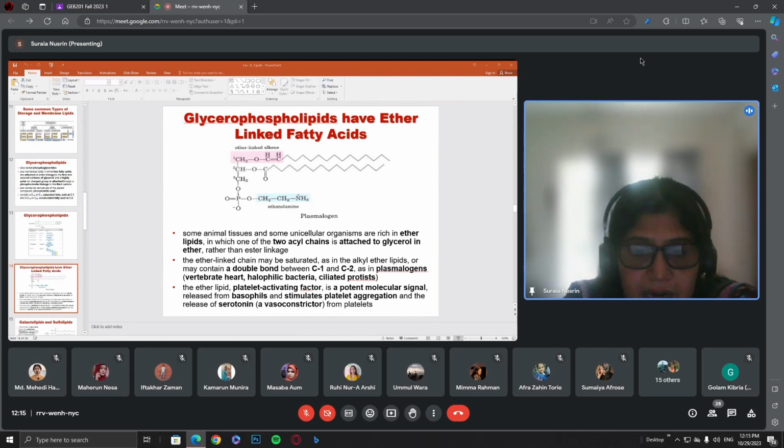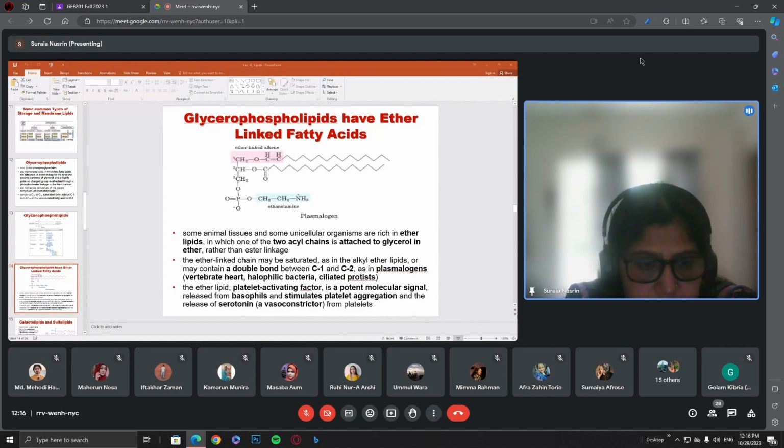And further there is one more feature: the fatty acid which is linked to the number 1 carbon of the glycerol by ether linkage, the carbon number 1 and carbon number 2 of this fatty acid have a double bond.